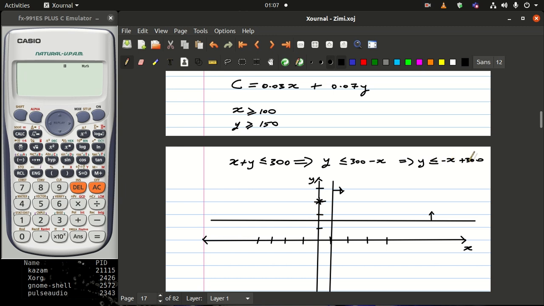I want to draw this line and then talk about it. If I set Y equal to 0, then X will be positive this side, so X is also 300. So I have 1, 2, 3, and I am sitting here.